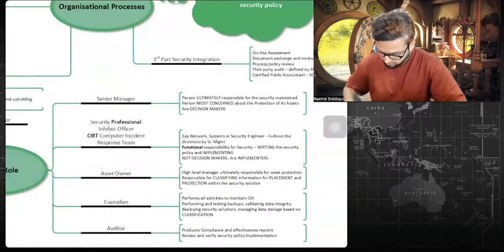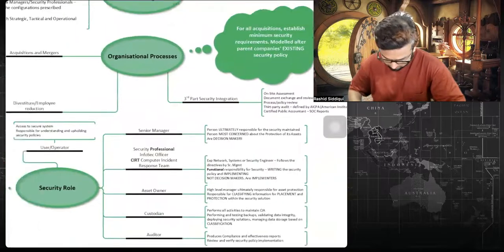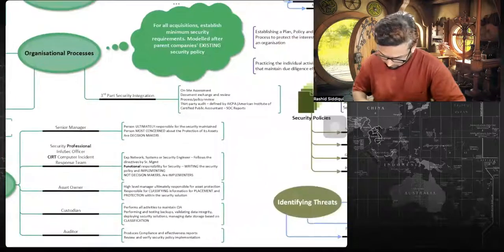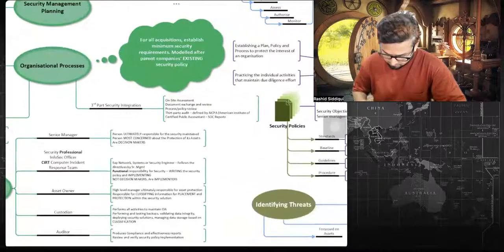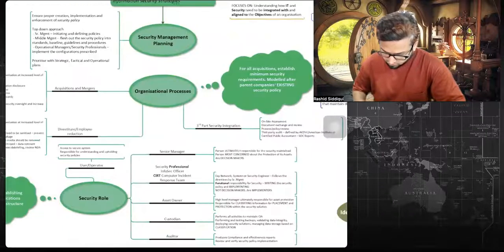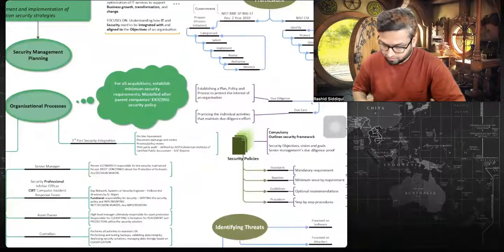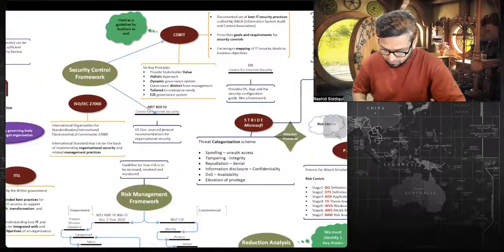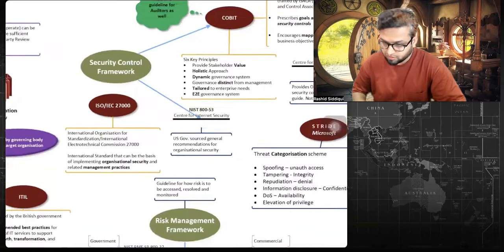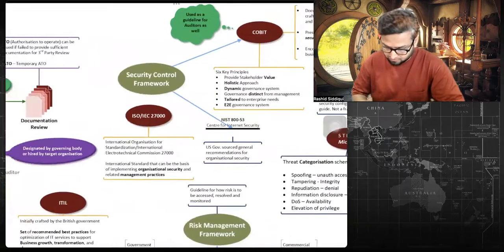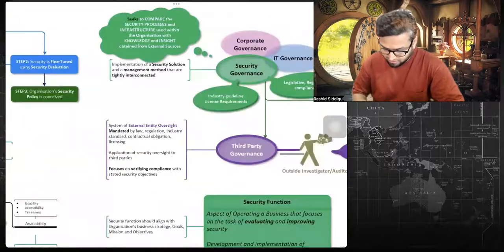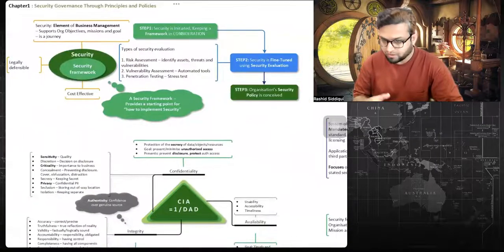So coming back to the main slide. I think we have already covered the objective of this video. Next, we will be coming to security control frameworks, which were referenced in my first video, that we develop a security policy around a security framework.